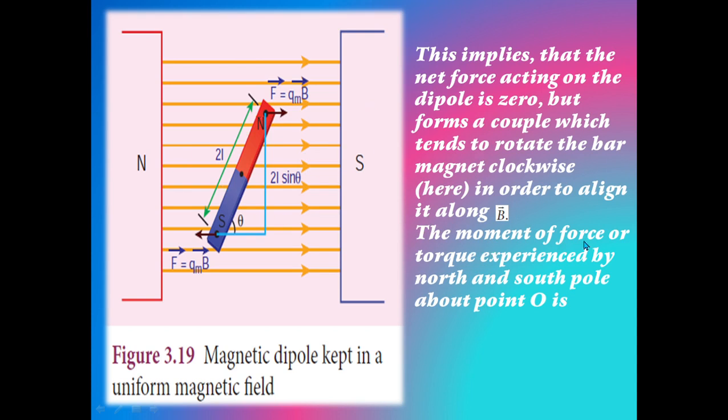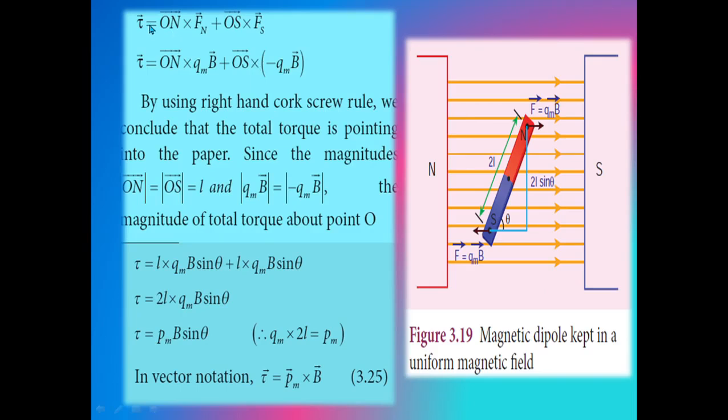The moment of force or torque experienced by the north and south poles about a point O is tau vector. Already we know the symbol of torque. Tau vector is equal to ON vector cross Fn vector plus OS vector cross Fs vector. What is the formula for torque?